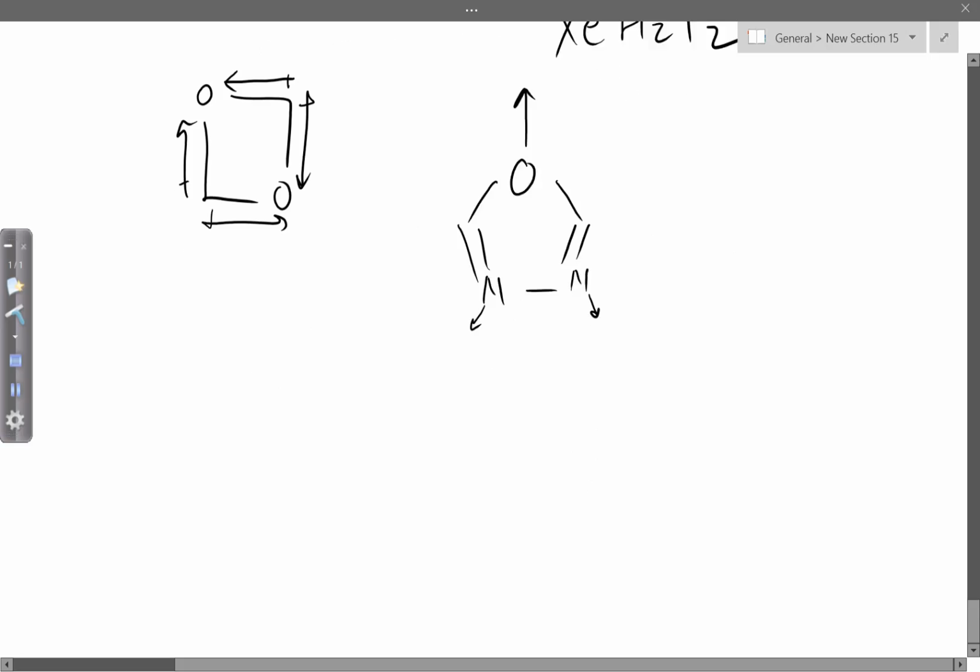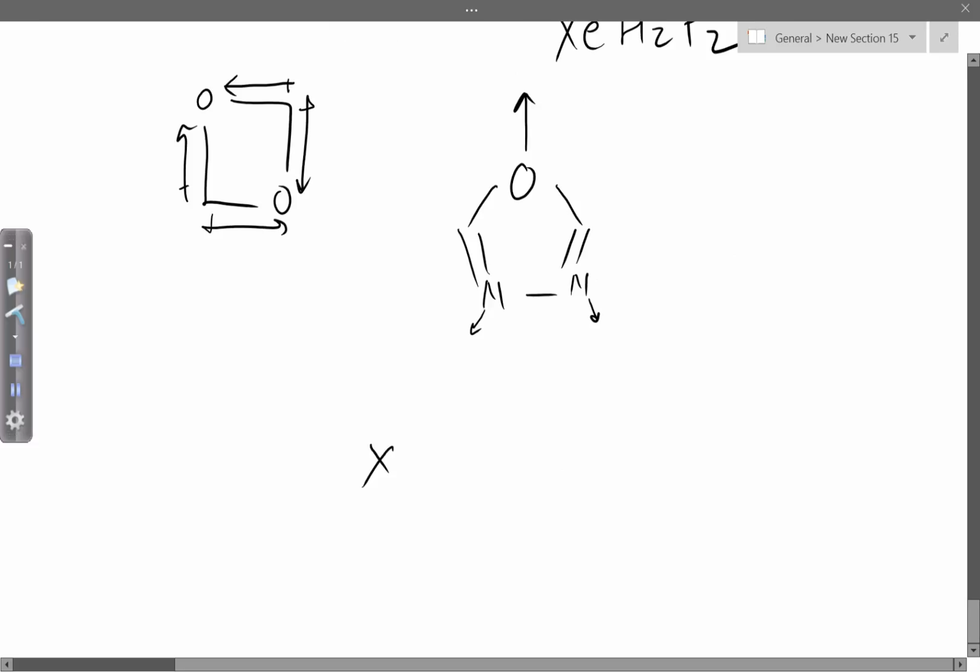Right? This is the same as, if let's say I have SCN. Just now we talked about SCN, right? So for SCN, this bond is polarized towards S, this bond is polarized towards N. Do you mean that they will cancel out?